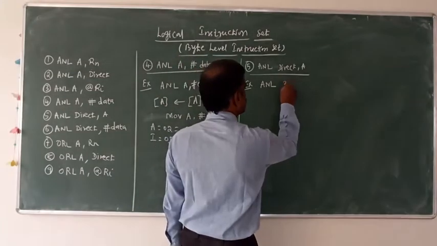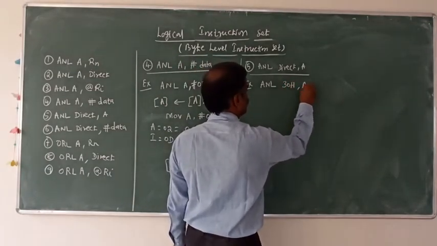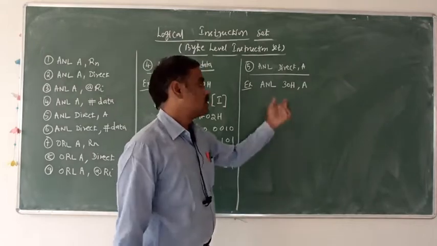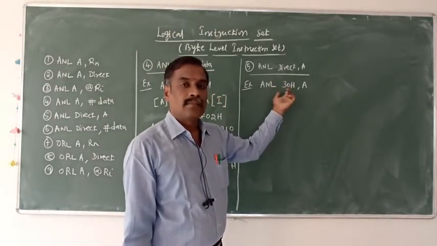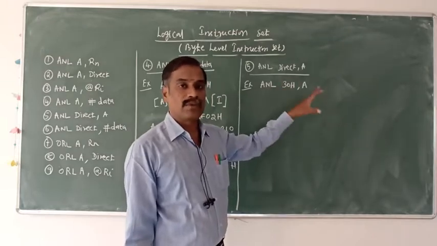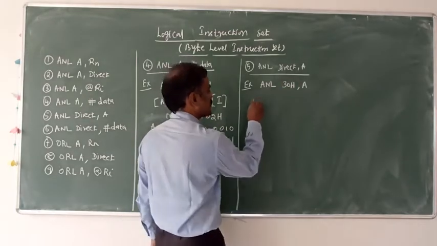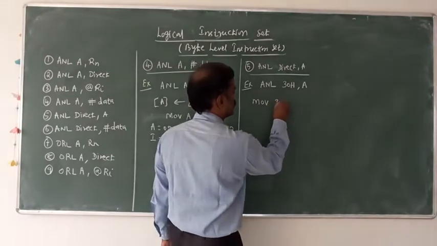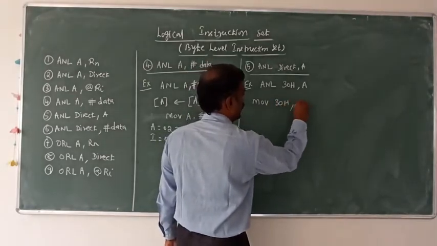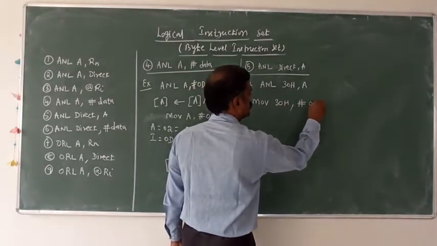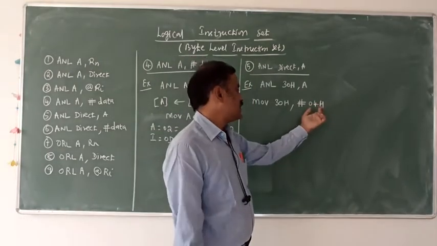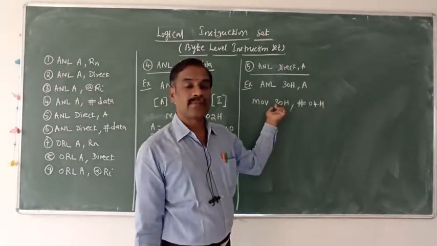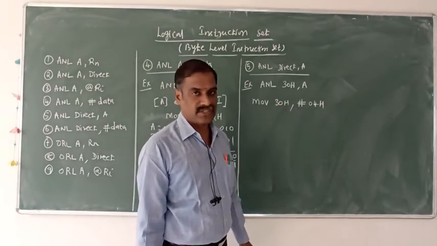Suppose the address is 30H, comma A. First we have to initialize what the data will be in the 30 memory address location. For that we can use MOV 30H comma hash 04H. The 04 data is immediately moved to the given 8-bit internal memory address location.